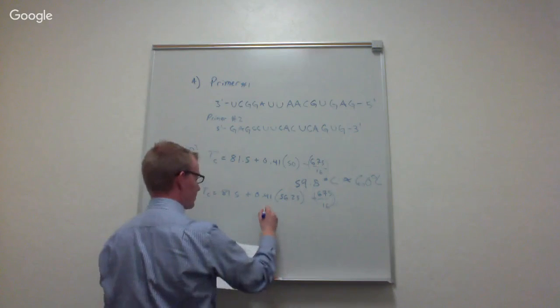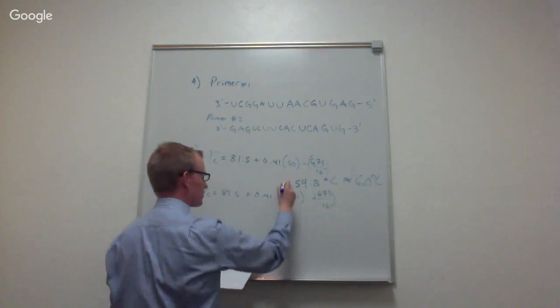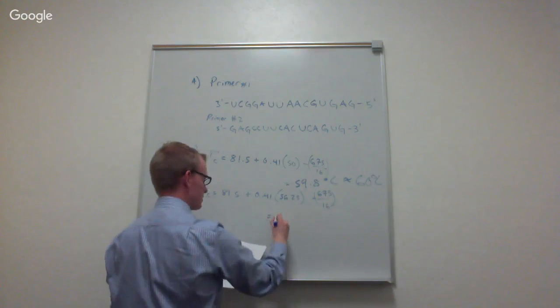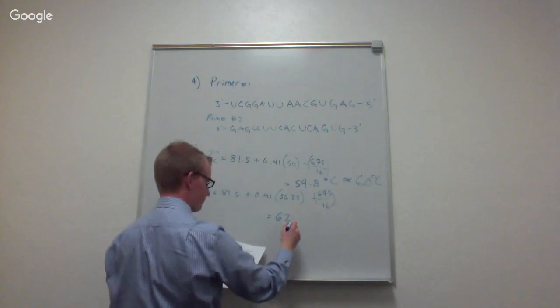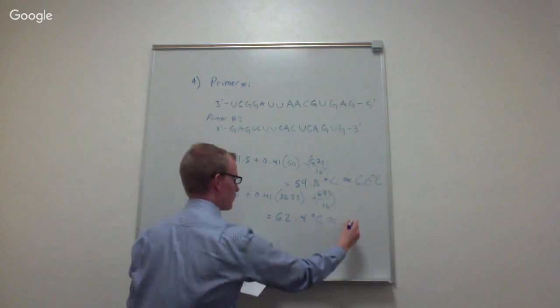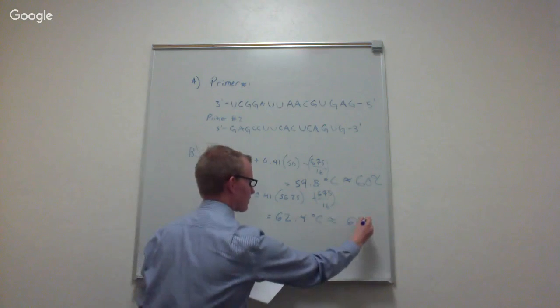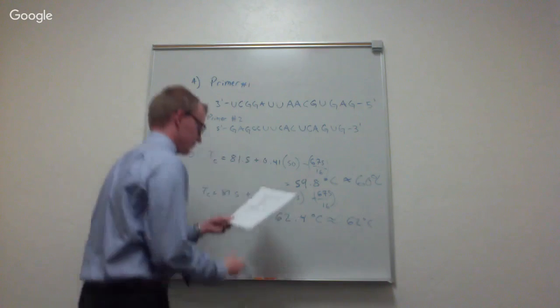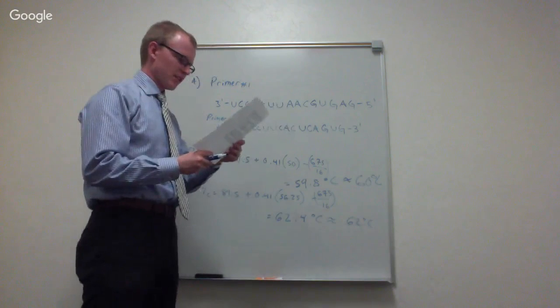Plug that in your calculator. My temperature in Celsius was equal to 62.4, and we can round that to 62 degrees Celsius. Okay, so that was part B.